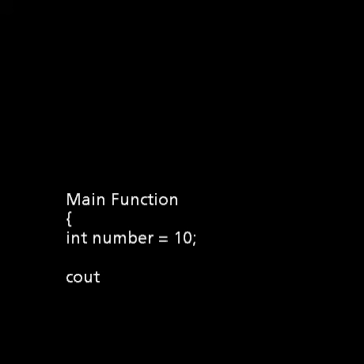In C++, whenever you want to print something on your screen, you use cout and this symbol, which means you can print your output on a console, and then you put the value which you want to print. So I'm just putting my variable number here, and this is again a statement, so you end this with a semicolon. Now the output of this program is very obvious. The output would be 10.